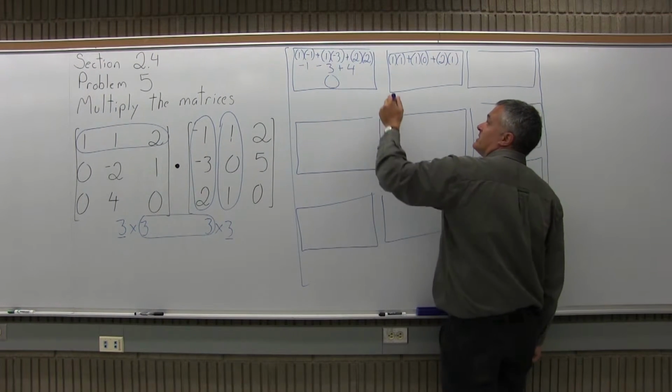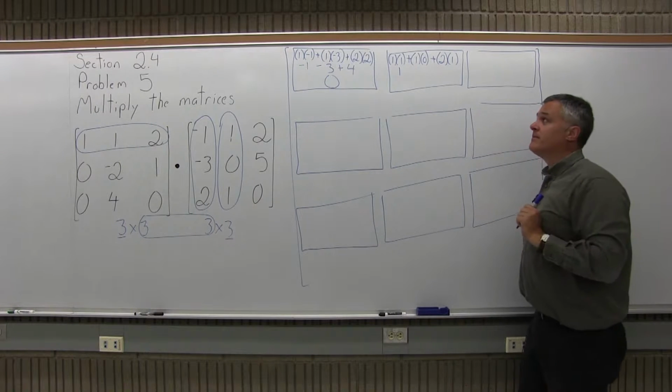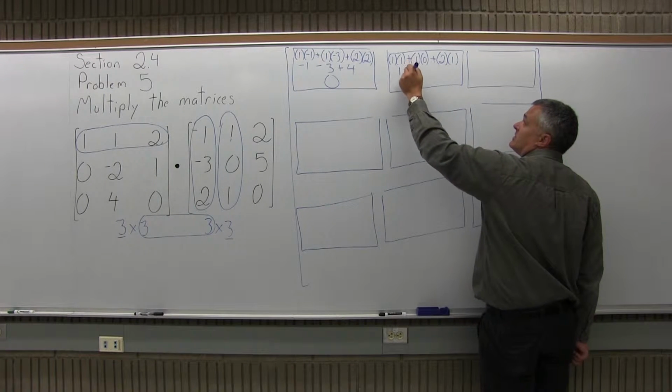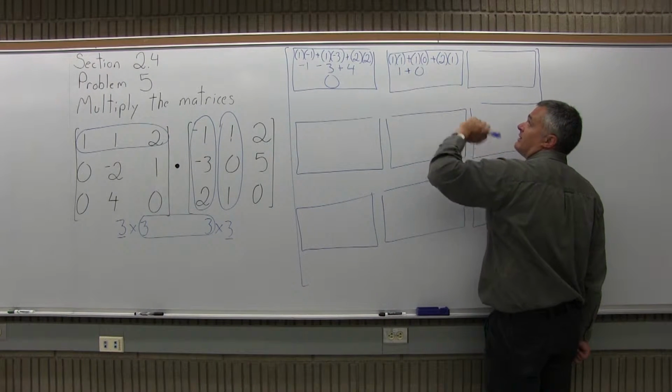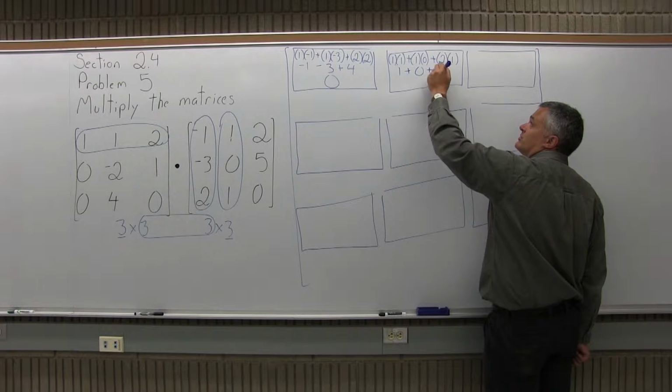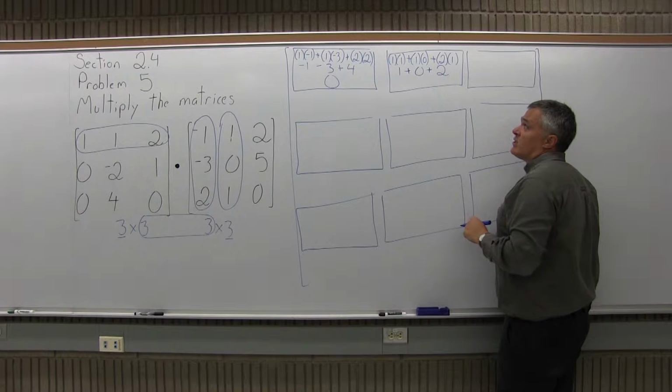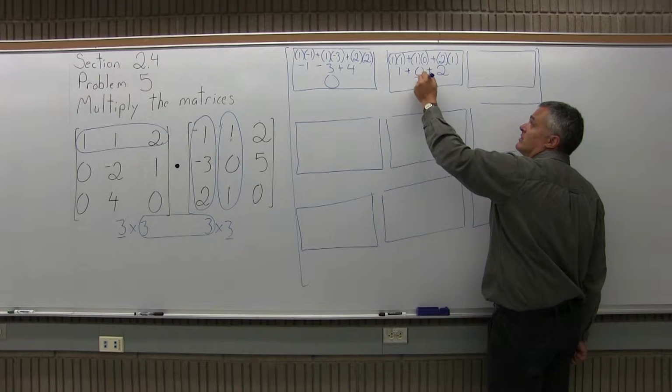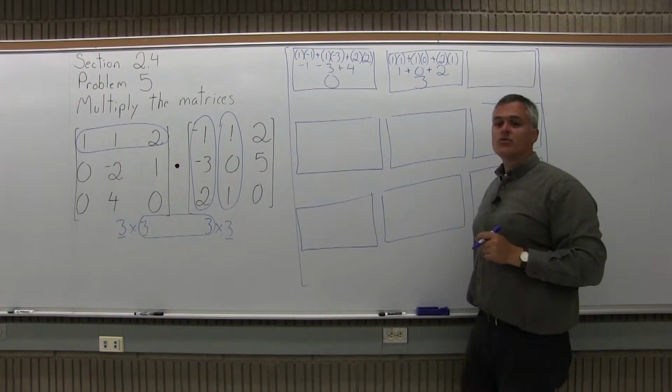And when you do that work, first times first, 1 times 1 is 1. The middle times the middle, 1 times 0 is 0. And the last times the last, 2 times 1 is 2. And when you add those values together, 1 plus 0 plus 2, the answer you get is 3.